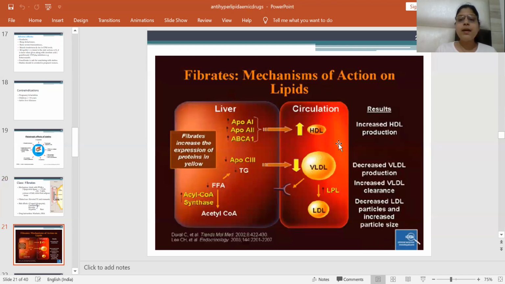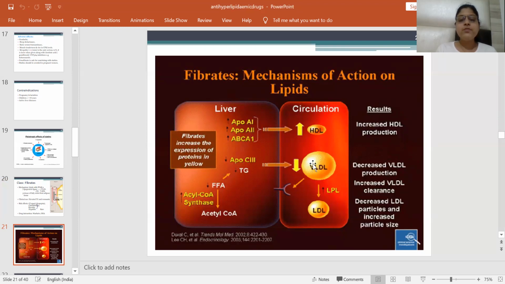Now, this is how the mechanism of action on lipids takes place with fibrates. Fibrates increase expression of the proteins in yellow. That is ApoA1, ApoA2, and ABCA1 get increased, leading to increased HDL levels. And ApoC2, C3 is decreased.